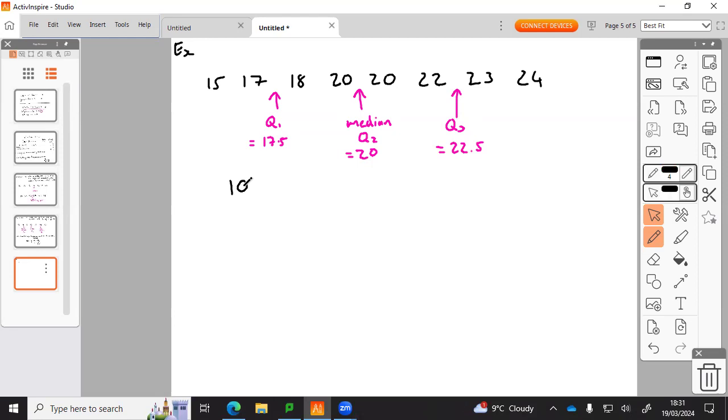The interquartile range is just how far Q3 and Q1 are away from each other. So the interquartile range is Q3 minus Q1, which is 22.5 minus 17.5, and that is just 5.